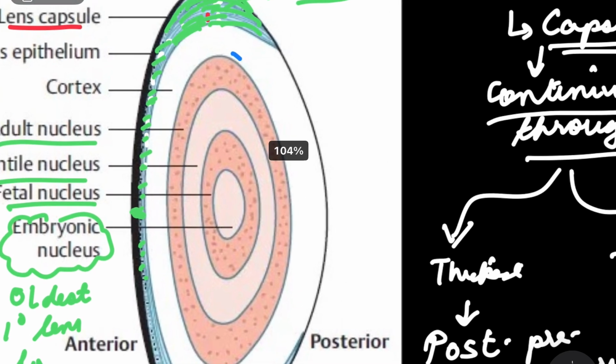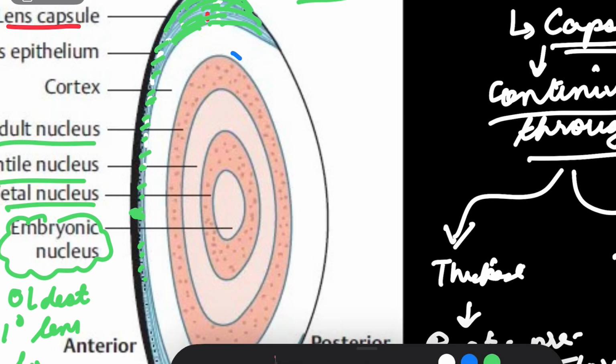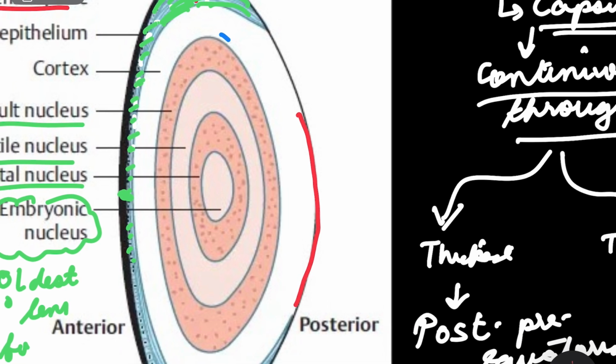So I'm zooming in towards the posterior side of the lens, and you can see over here that the capsule is still present. Where is the capsule over here? I'm marking it for you. This black line over here, this is the capsule. Now you understand where the capsule is.